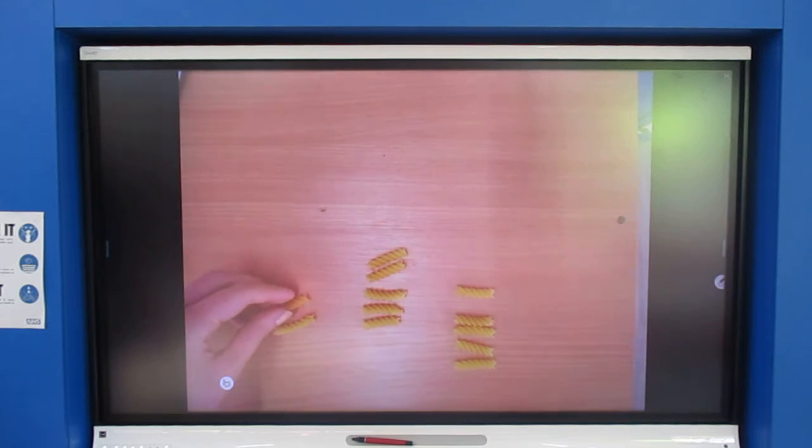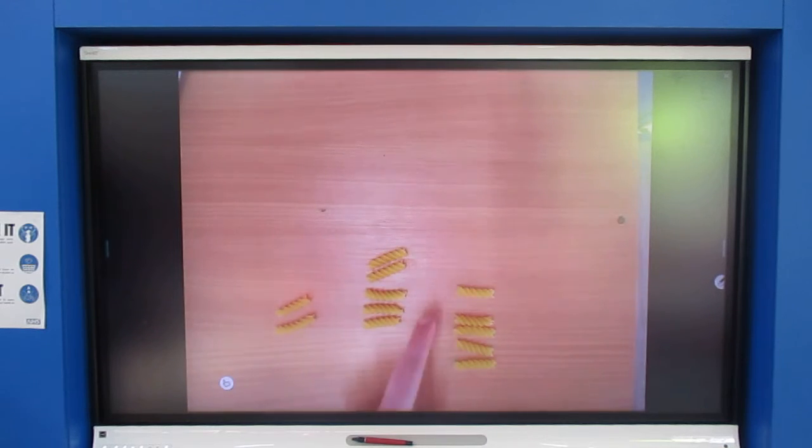Now, you will see that I can't divide 12 into groups of 5 because I've got 5 here and 5 here, but look, this group isn't even, so I know that 12 can't be shared equally into 5, so that's not the answer.